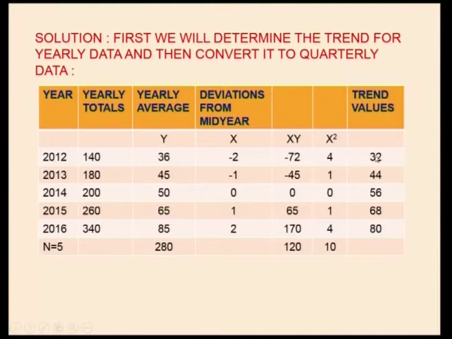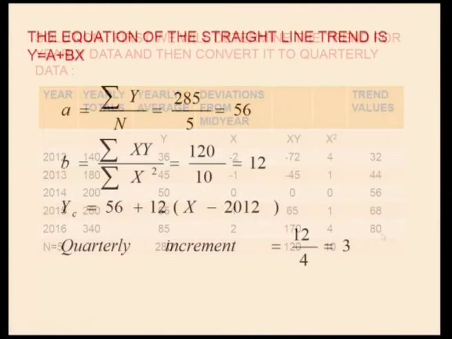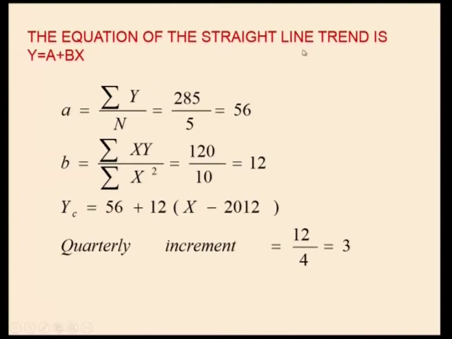Then you get the corresponding trend value by substituting in the equation. Now to determine the trend value, you have to find y is equal to a plus bx form, where a is given by sigma y by n, that is 285 by 5, which is 57. Then b is sigma xy by sigma x square.